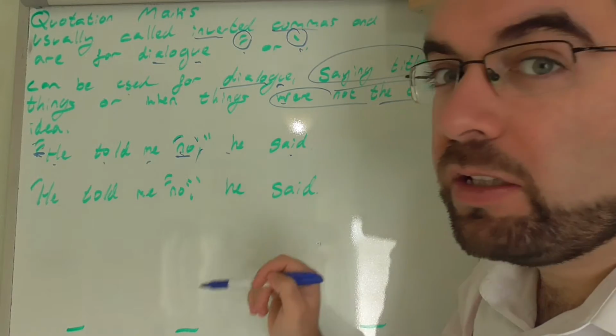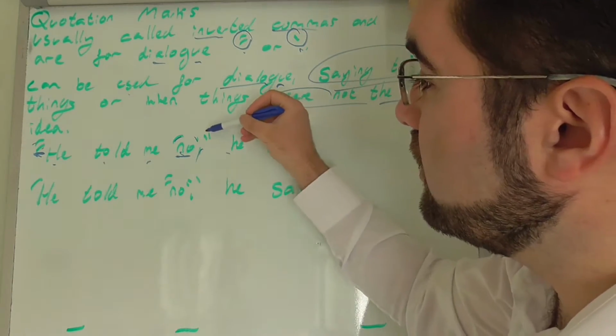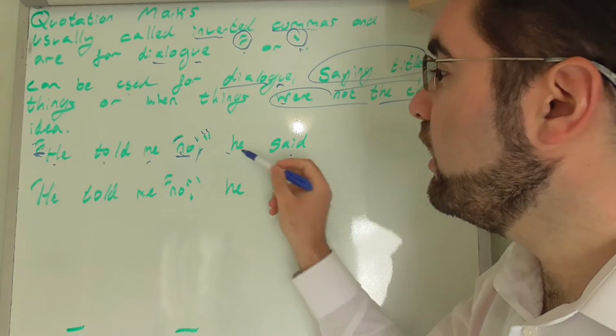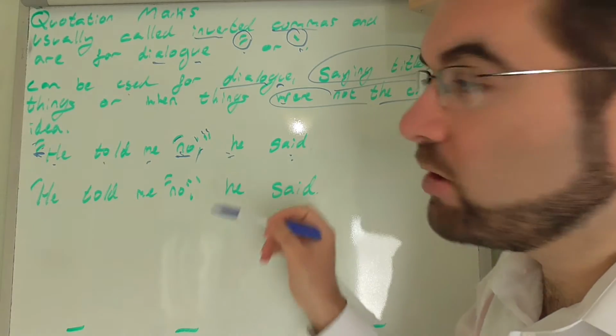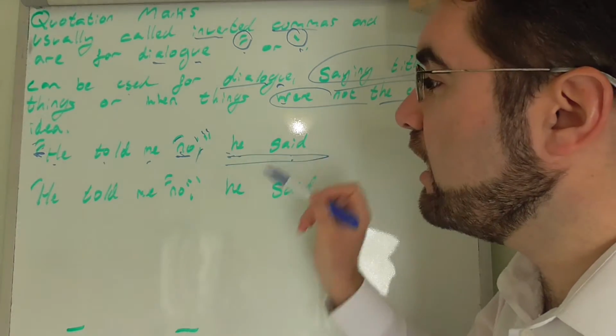And then we do a comma to close off the dialogue, and then we end the dialogue with another quotation mark at the end. He said. Who said it? Continuing in the prose, he said.